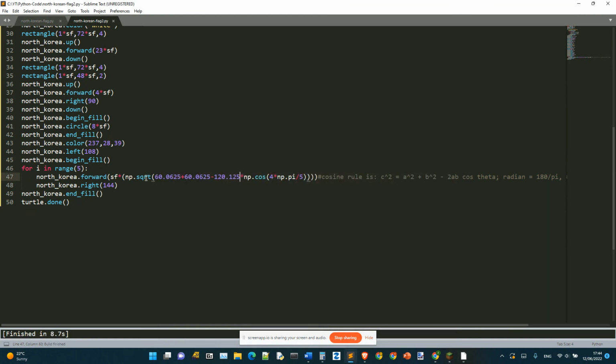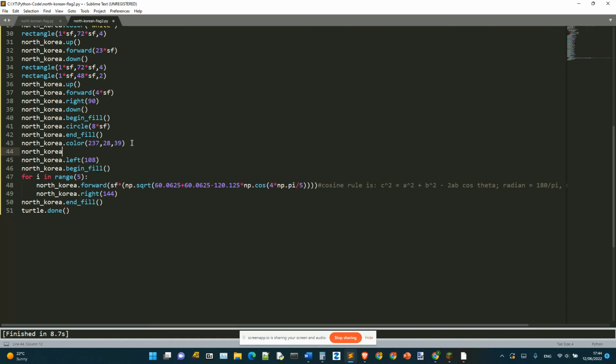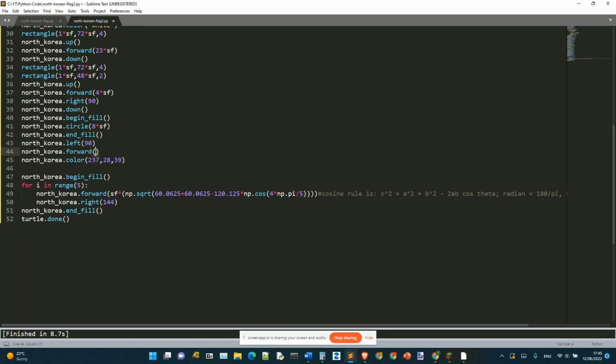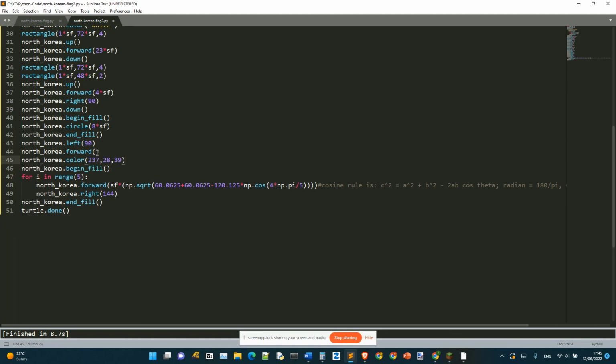Now the color: North Korea dot left 90, North Korea dot forward. Actually, I'm going to move it here. North Korea dot left 90, because that is before the color change.